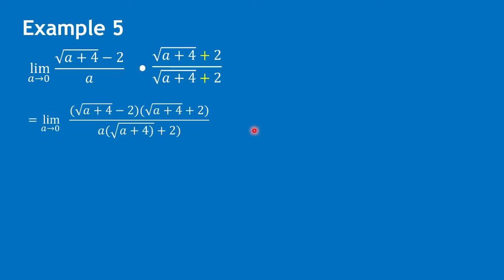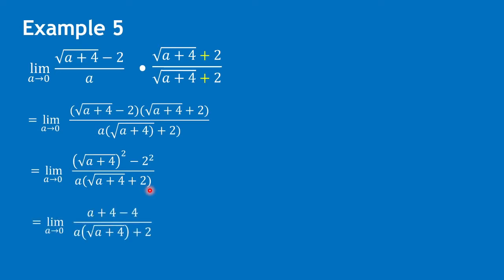So same step as our example 4. As you can see here in the numerator, we can perform special products, since our numerator shows the sum and difference of two binomials. Therefore, we can have the square of the square root of a plus 4 minus 2 squared all over a times the square root of a plus 4 plus 2.